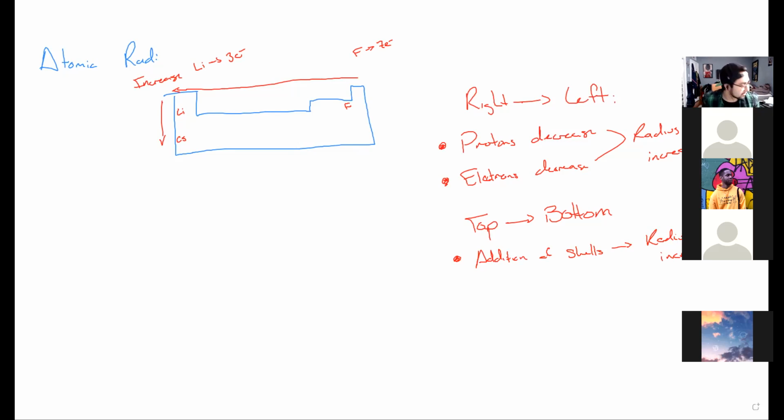Yeah. Another important thing, especially if you're a chem major, is to understand what shielding is. Does anyone know what shielding is? Does that have to do with the shells being able to shield the electrons on the outside? Yes, it does. The electrons shield the positive charge of the nucleus, so the valence electrons don't really experience much of the charge.